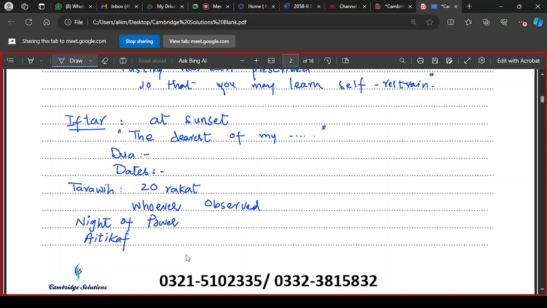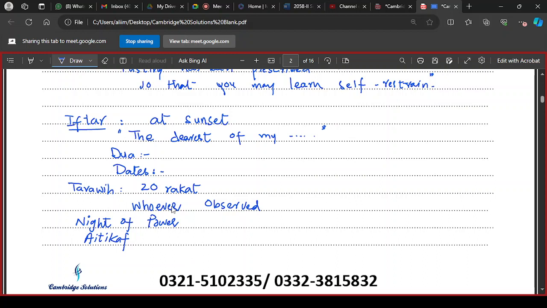Whoever sits for the Sunnah itikaf in the last 10 days of the month of Ramzan is rewarded with the reward of Hajj and Umrah. The Holy Prophet did itikaf in the month of Ramzan, and it was his practice to seek Laylatul Qadr in these days.